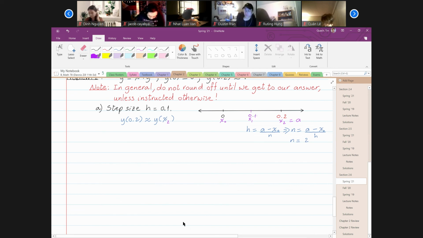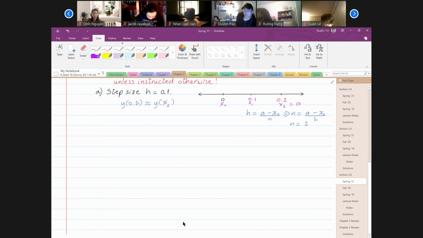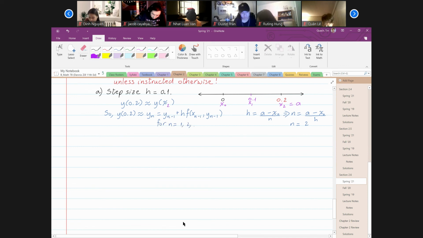So let's get the formula. From Euler's method, y of 0.2 is approximately equal to, and you write down the formula, which is y sub n minus 1 plus h times f of x sub n minus 1, y sub n minus 1, for n equals 1, 2, 3, and so on.